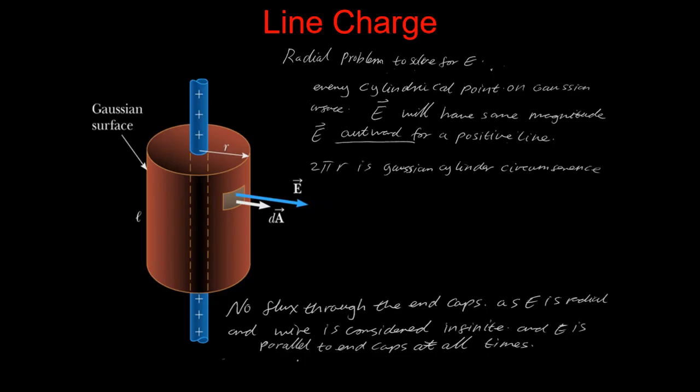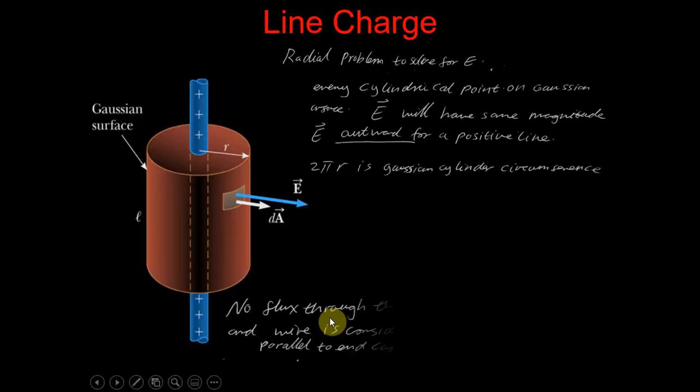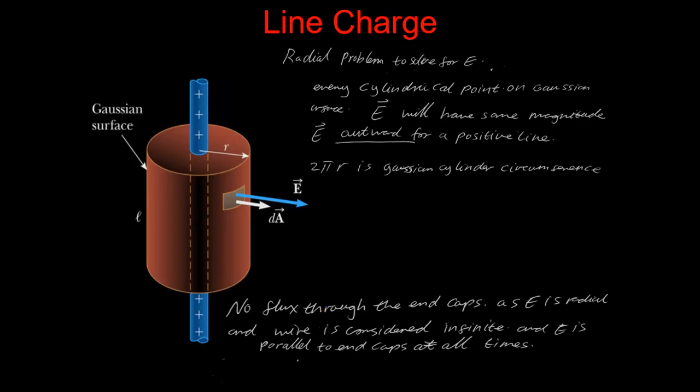We'll have no flux through the end caps. Remember from our previous slide that our electric field is coming out sideways. So it's 90 degrees to every point on this cylindrical surface. So there's no flux through the top or bottom of these caps, as the electric field is radial in nature, and the wire here we're going to say is infinite.